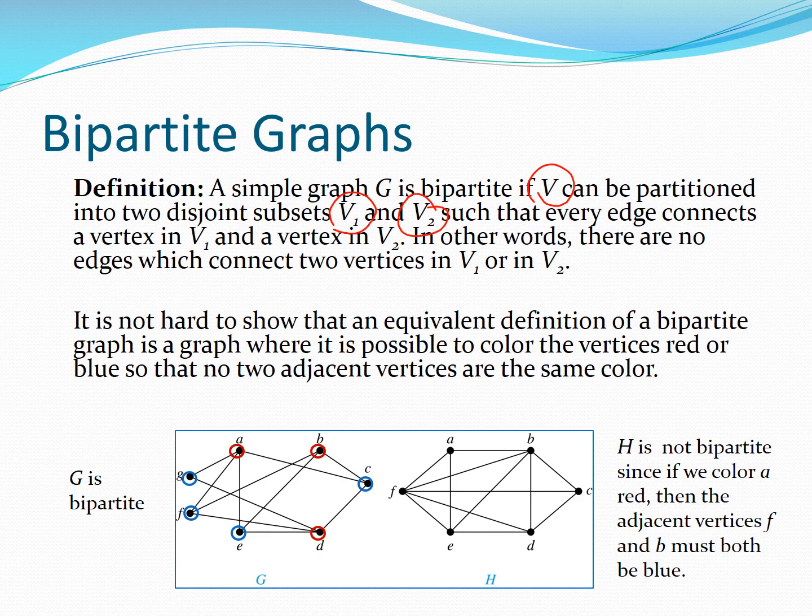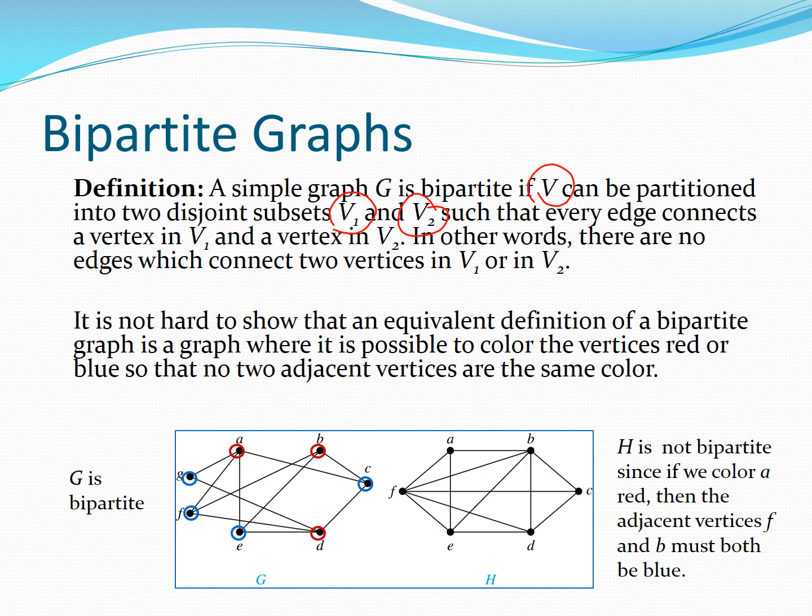So you should be able to divide up your total vertices into two distinct sets such that every edge in your graph connects a vertex in V1 to a vertex in V2.